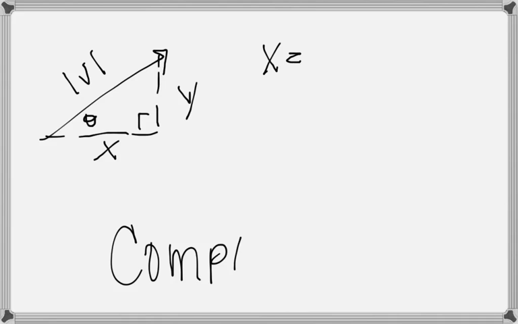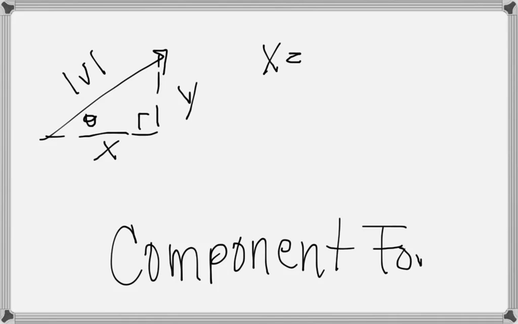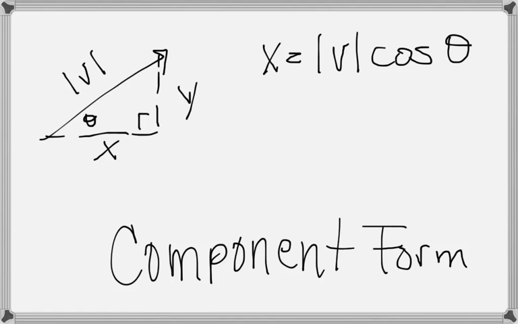Almost. Think about it. X equals what? No. X is related to cosine. If my magnitude was 1, then x would be cosine, right? Just like the unit circle. What do you think y is?